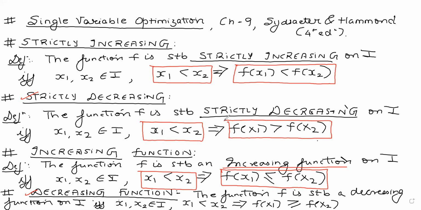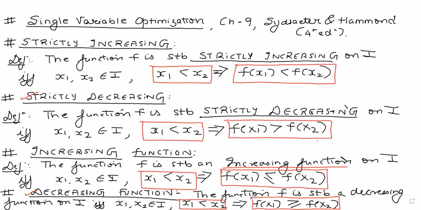But in the decreasing function, the implicative statement is x1 less than x2 implies f of x1 is either greater than or equal to f of x2. That means in the case of increasing and decreasing functions, the possibility of equality also exists, unlike strictly increasing or strictly decreasing functions.